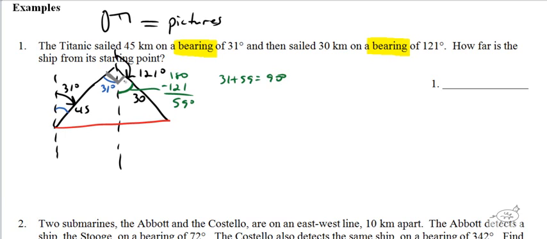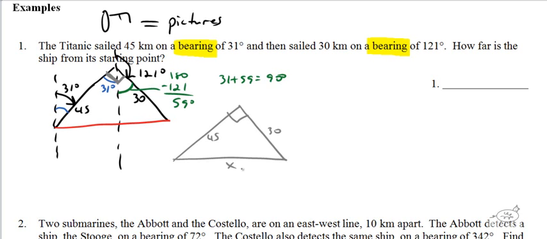My question is, I've got the 45 and 30. What trig do I use to figure this out? You guys really should tell me there's no trig here, Mr. Kerfus. You're just using the Pythagorean theorem, because I have two sides. Let me redraw this. This is kind of what my picture looks like. I have my right angle, which I just proved. This is 45. This is 30. Looking for x.